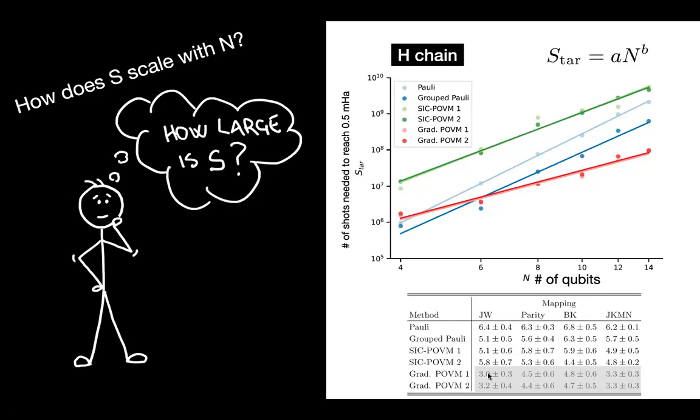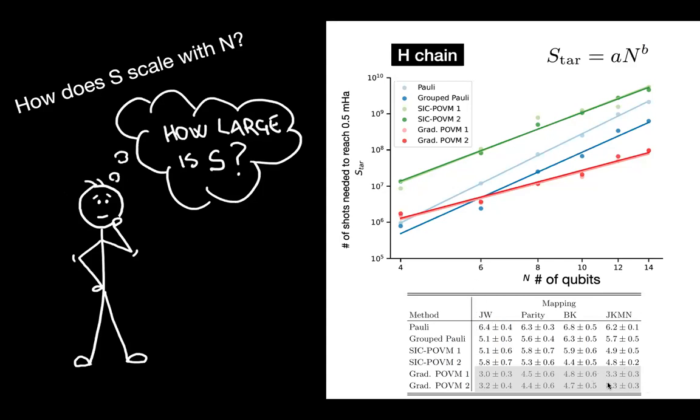In our results, this exponent depends a bit on the mapping. In this case, the best one generally is the JKMN, but also specifically for this example, the Jordan-Wigner works quite well.